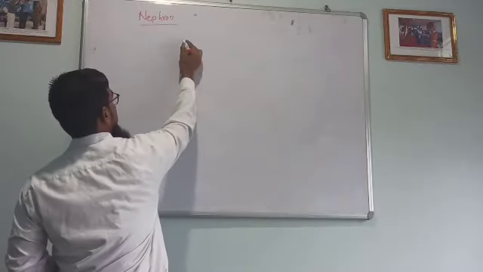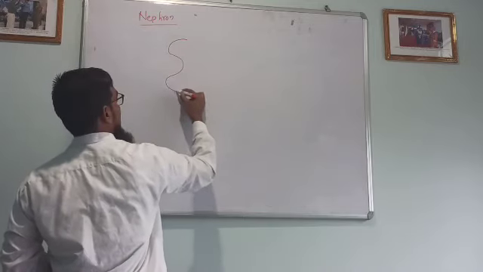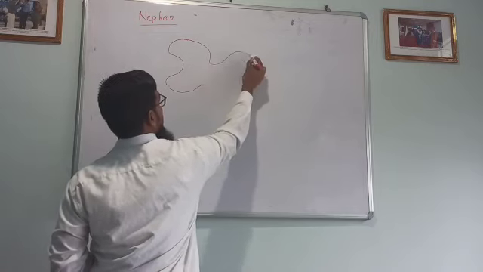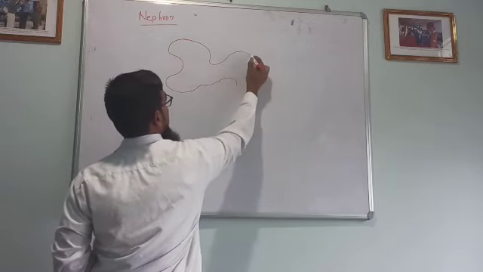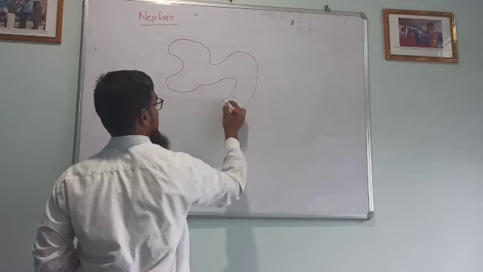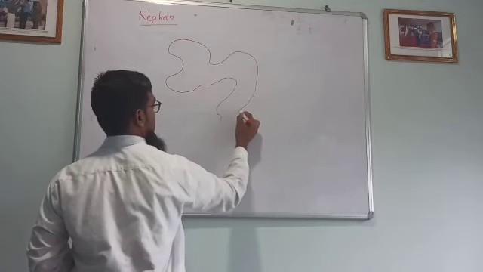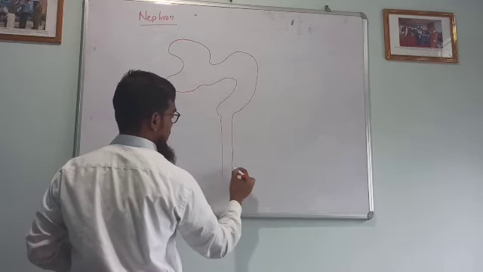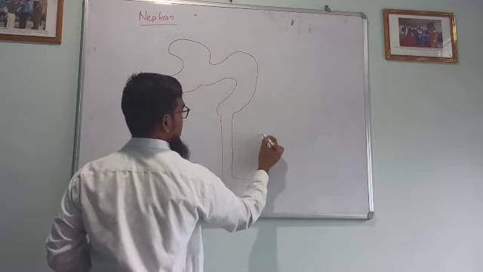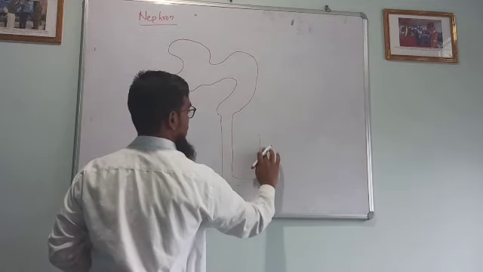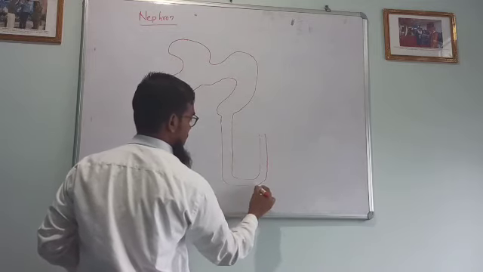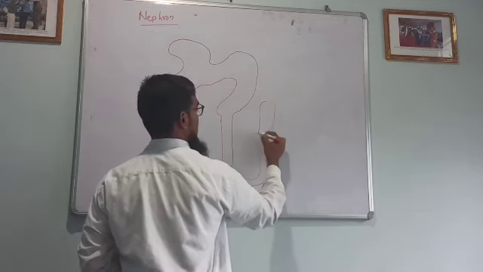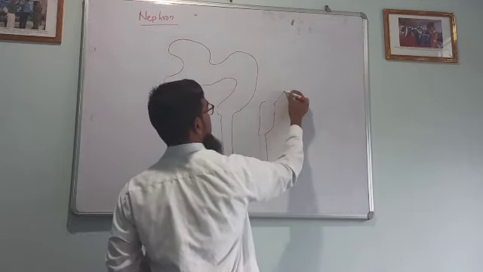So the starting of the nephron is like this. It is a capsule-like structure, and it will come like this, and this size will decrease, and it will be like this, and it will become somewhat bigger again. Why it will be bigger, we will discuss in detail.